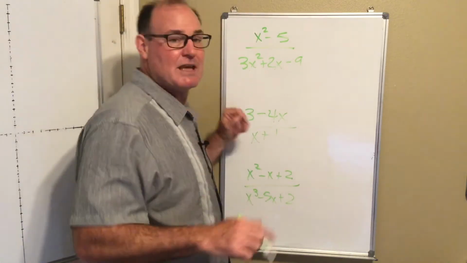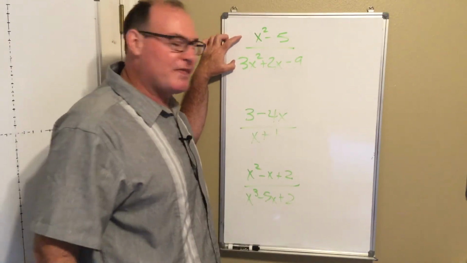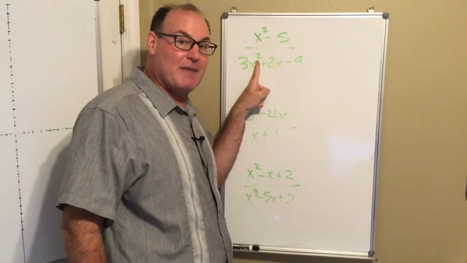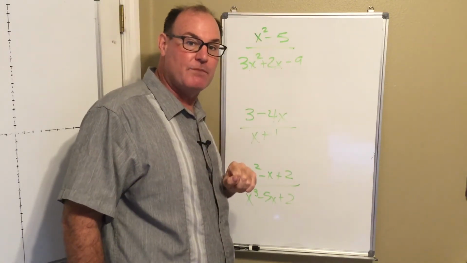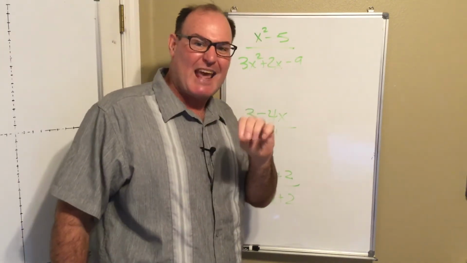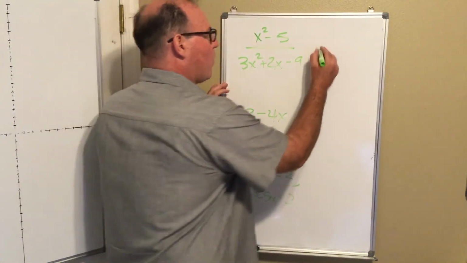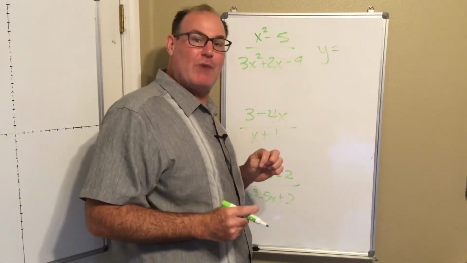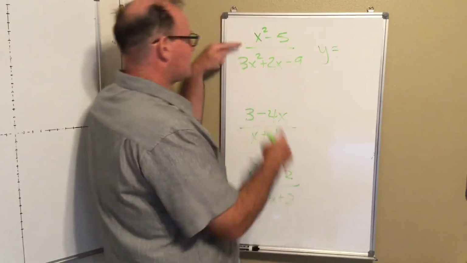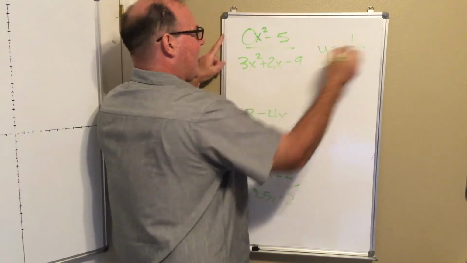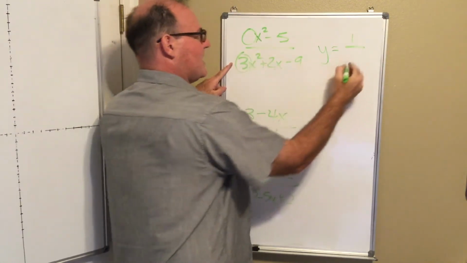So this is the situation where the degree of the top, x squared, is the same as the degree of the bottom, x squared. They both have degree 2. So when the degree is the same, the horizontal asymptote is y equals the ratio of those coefficients. The coefficient in front of this x squared is a 1. And the coefficient of this x squared is a 3.